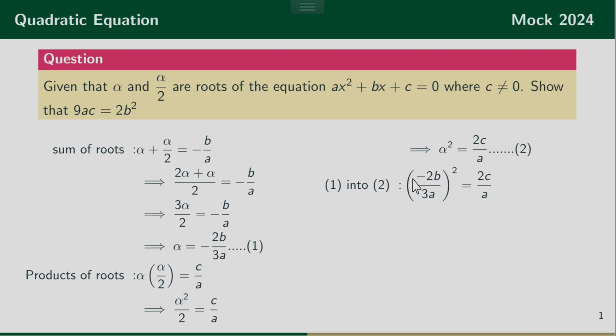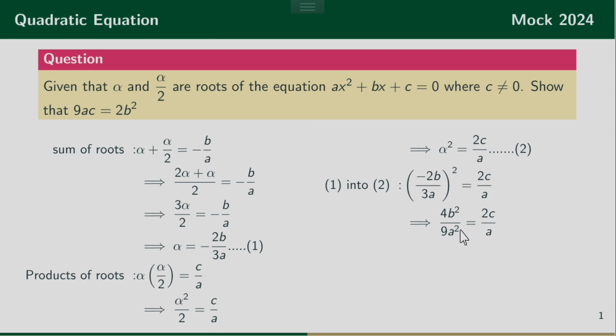So I'm squaring alpha, so I'll have negative 2b on 3a, all that squared, is equal to 2c divided by a. Now squaring this means I'm expanding and the square affects each term within the bracket. So doing the evaluation and squaring the numerator, I obtain 4b squared, and squaring the denominator, I obtain 9a squared is equal to 2c divided by a.